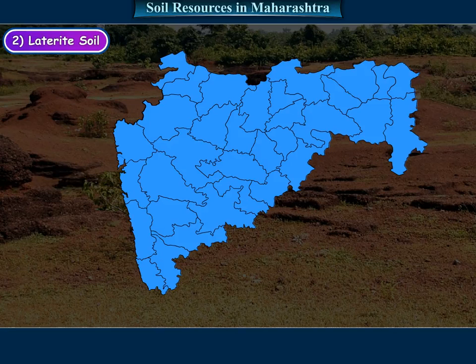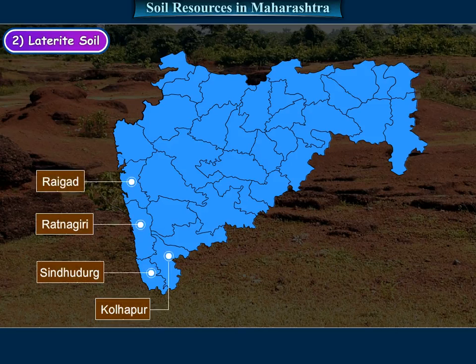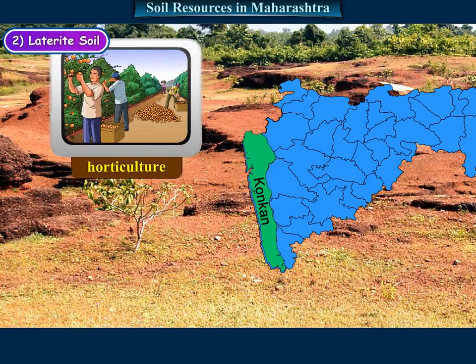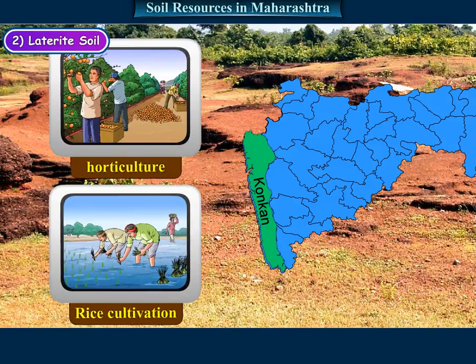This soil is found in Raigad, Ratnagiri, Sindhudurg, Kolhapur, and Satara districts of Maharashtra. In Konkan, the land covered with laterite soil is used for horticulture and rice cultivation.